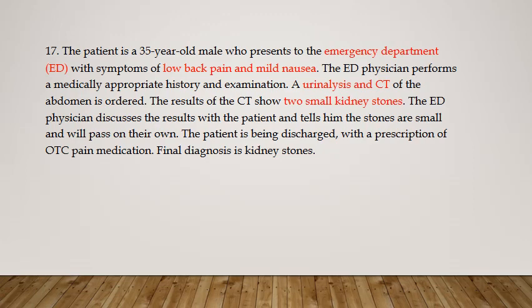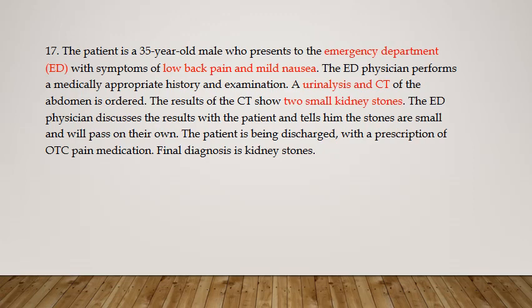The ED physician discusses the results with the patient and tells him that the stones are small and will pass on their own. The patient is discharged with a prescription of over-the-counter pain medication. The final diagnosis is kidney stones. So here again the whole process took place in the emergency department, which you have to keep in mind, so you have to take the code from that section, emergency department.